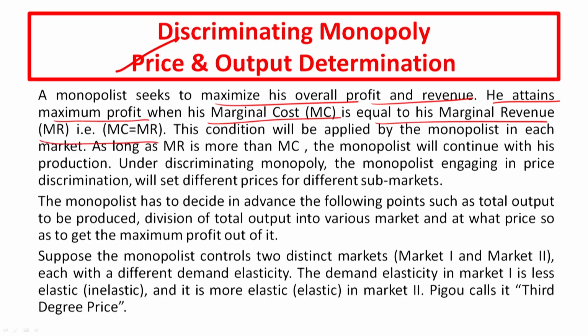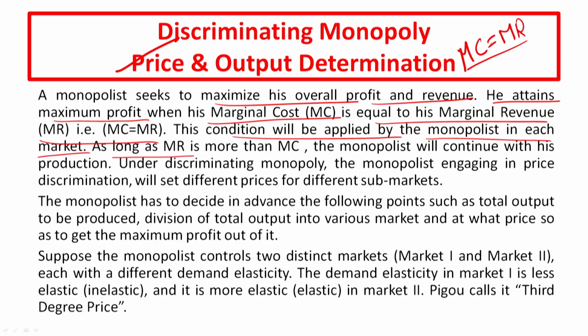That means every monopolist wants to maximize his profit, and profit is maximized when MC is equal to MR. This is the point when the monopolist will be earning maximum profit. This condition will be applied by the monopolist in each market.